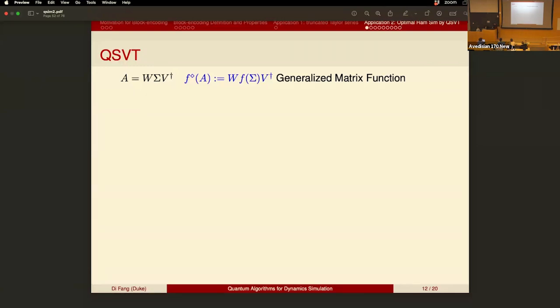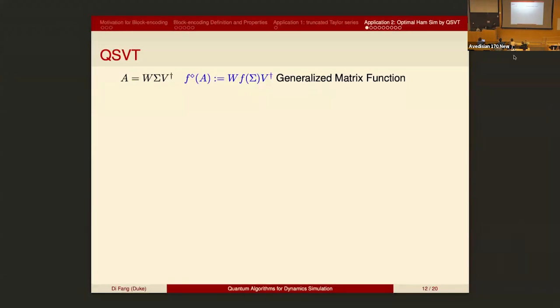I think I better hurry up a little bit because I do want to show you this cool thing about how to use QSVT to do optimal scaling Hamiltonian simulation. So what is QSVT? First of all, this is the SVD, singular value decomposition. You may wonder, I have a general matrix A, how do I figure out its decomposition?